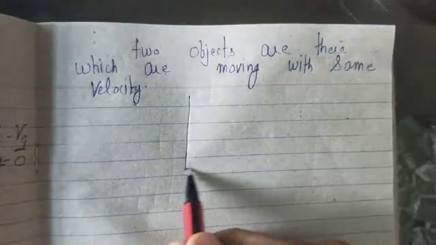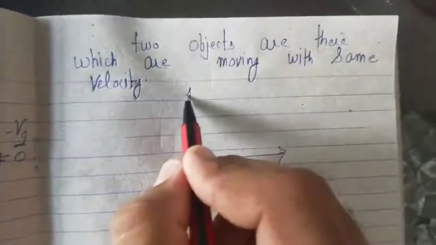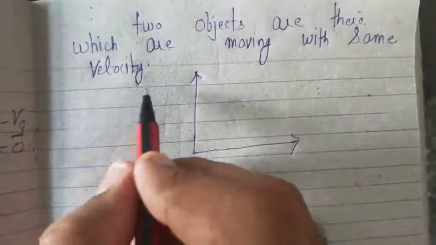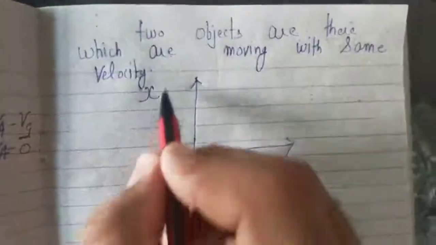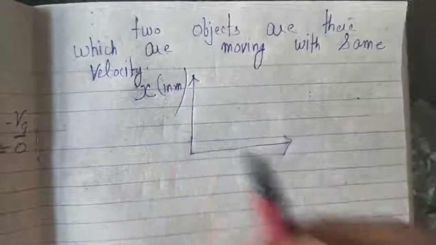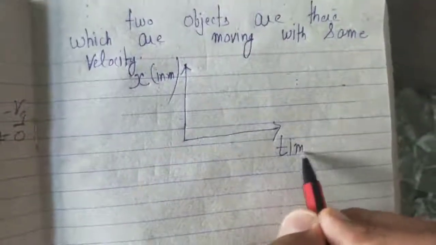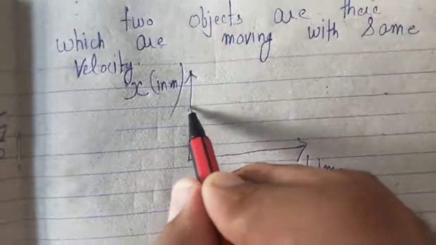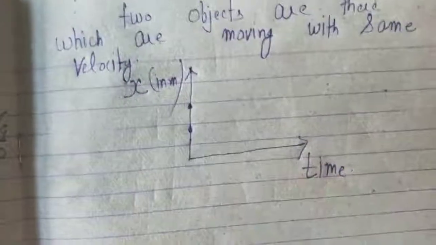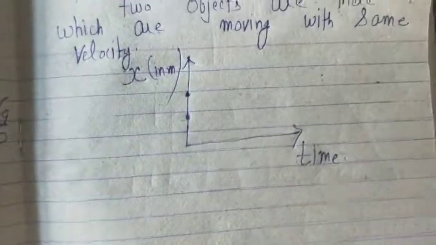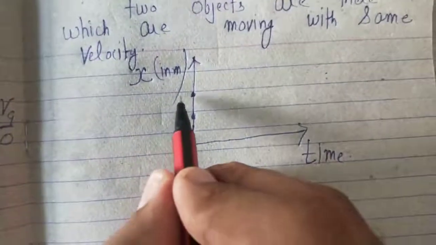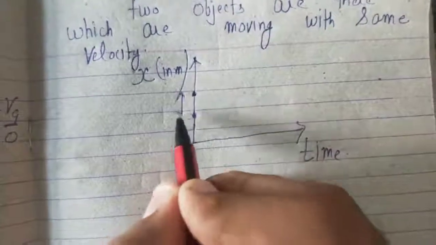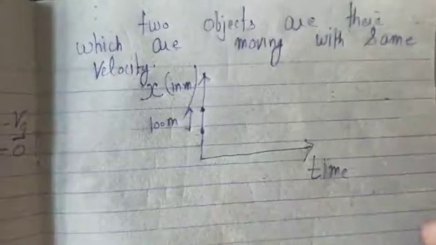Here is distance in meters and here it is time. There is some separation between them, suppose the separation is 100 meters.